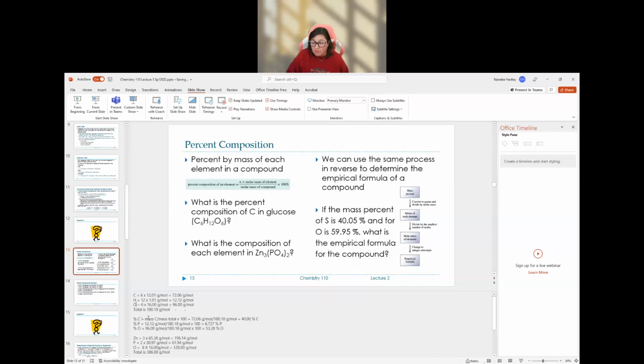So the percent carbon is the mass of carbon divided by the total mass times 100, which is 72.06 grams per mole divided by 180.18 grams per mole times 100, equal to 40% carbon. Four sig figs, because I have 4 sig figs.